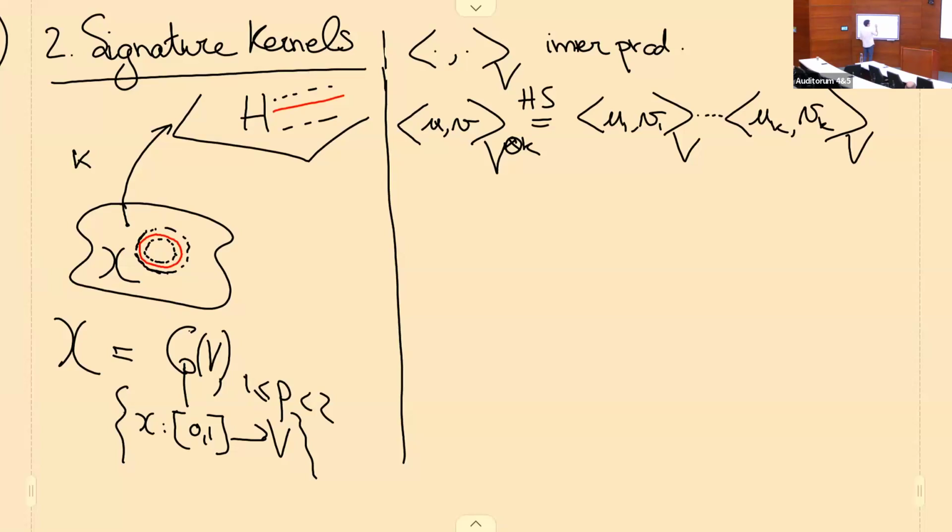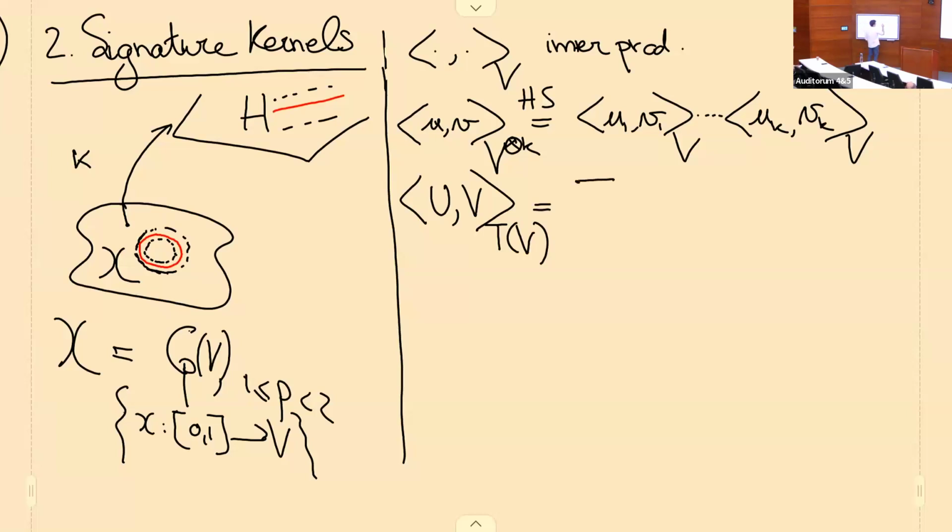So to have an inner product in V tensor K, it's easy. And now, if you have an inner product in V tensor K, you can have an inner product in T of V, the tensor algebra over V. Here there are different choices.